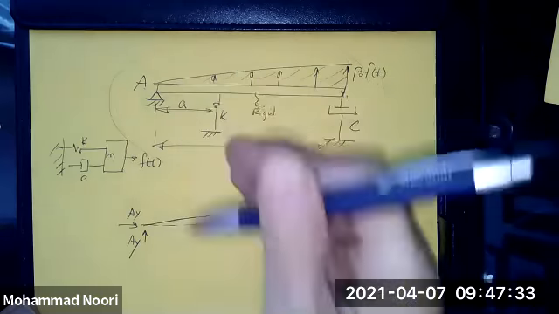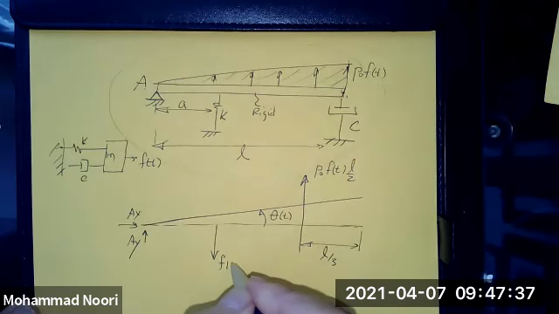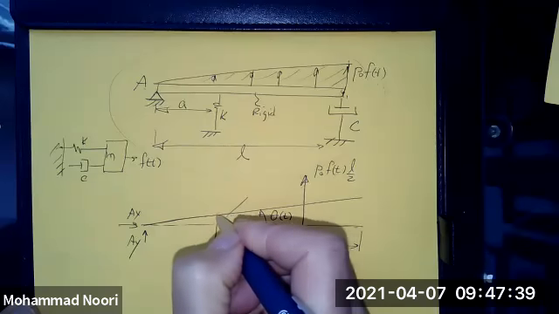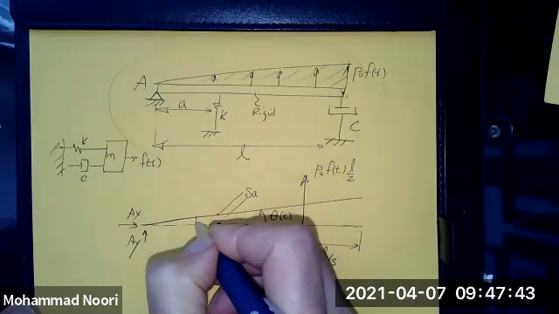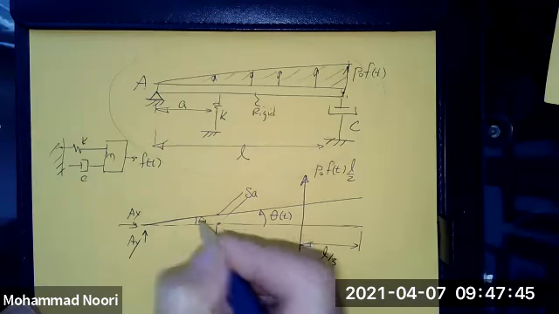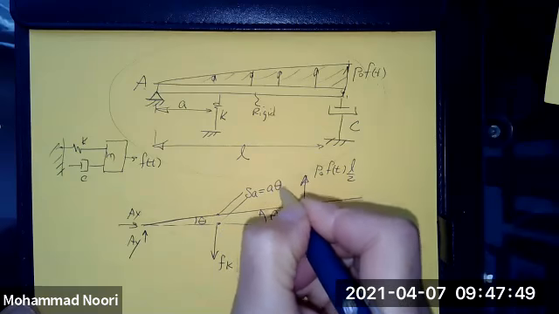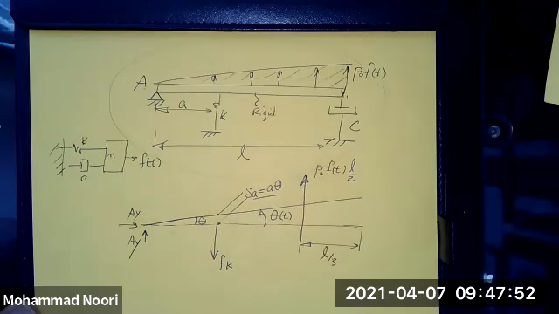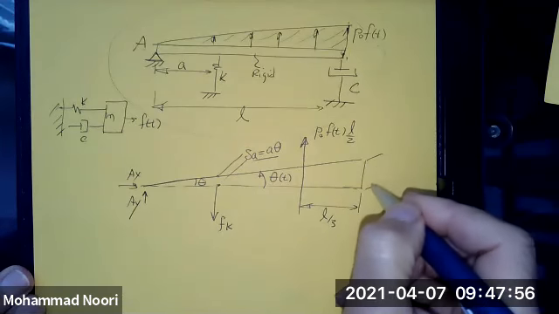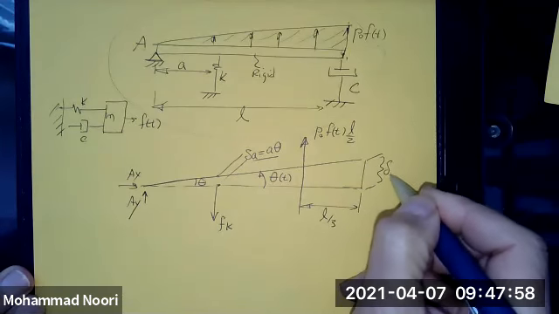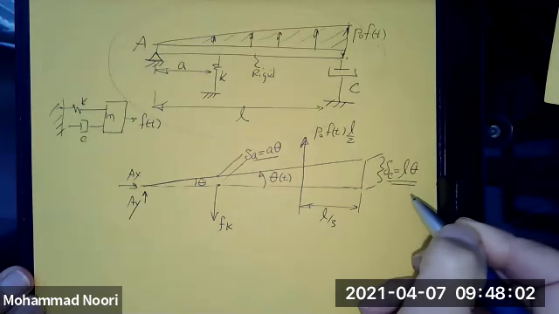What else do you have? If this is going up, you do have a force of the spring downward. This is the deformation that the spring experiences. Again, if this is theta, this would be A theta, small angle assumptions, and the displacement that the damper experiences, delta C, would be simply L theta.